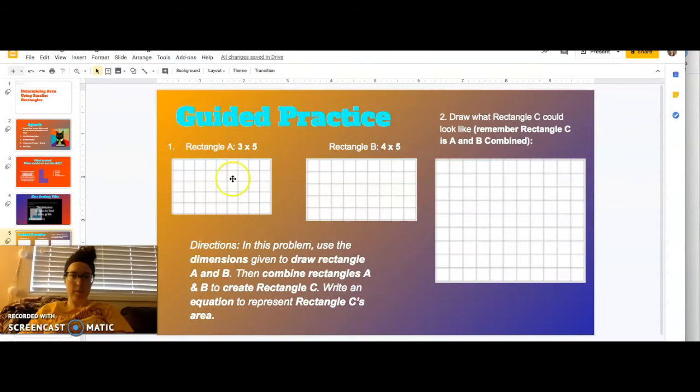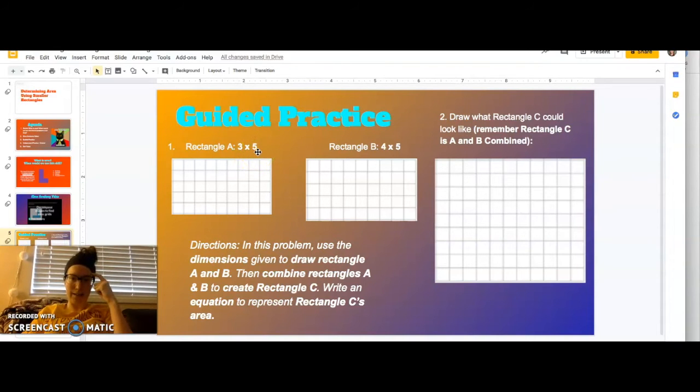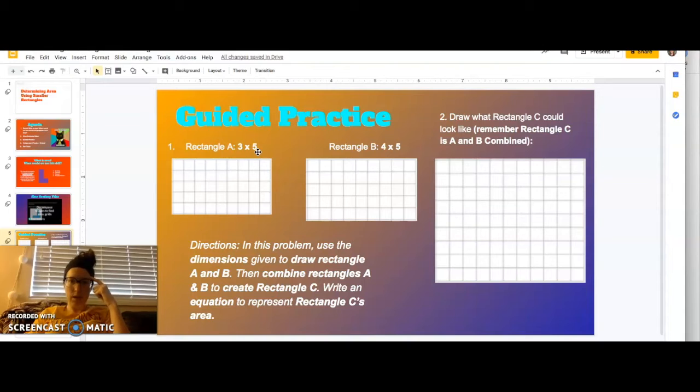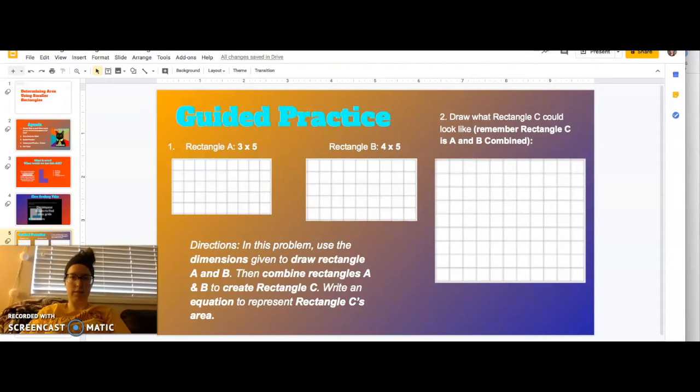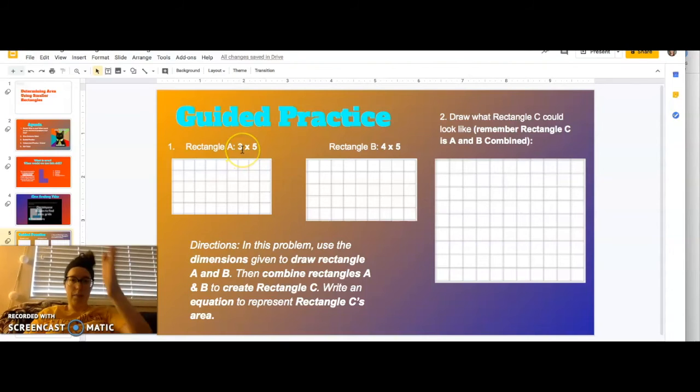Okay, so here, looks like the dimensions I've been given for rectangle A are 3 times 5. So if I remember what I talked about in my last problem in the Khan Academy video, length goes up and down, width goes side to side, and in my equation, the length comes first and the width comes second. Okay, so that means 3 would be going up and down, and 5 would be going across.